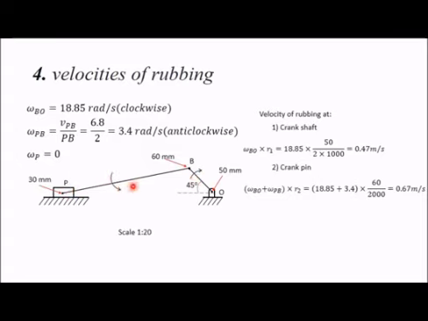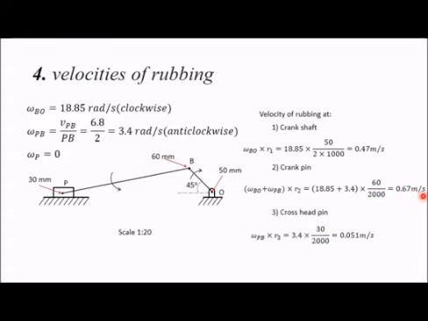Since these two are in opposite directions, you have to add these two angular velocities, angular velocity of crank plus angular velocity of connecting rod. Now these two are known: 18.85 plus 3.4 into R2, radius of pin at point B, 60 mm, so 60 divided by 2000. In this way you are getting 0.67 meter per second.